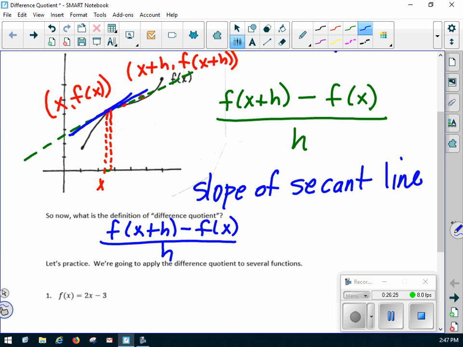I can make this thing infinitely small, which means that h will be so close to 0 that you cannot tell the difference. When h is so small that you cannot tell the difference between h and 0, where is that point x plus h?